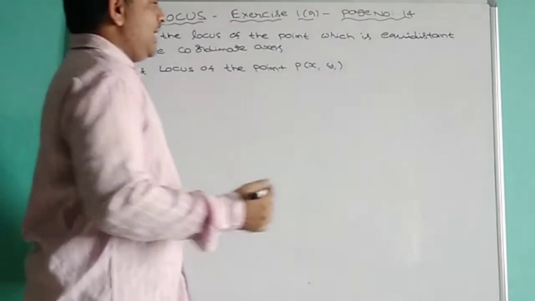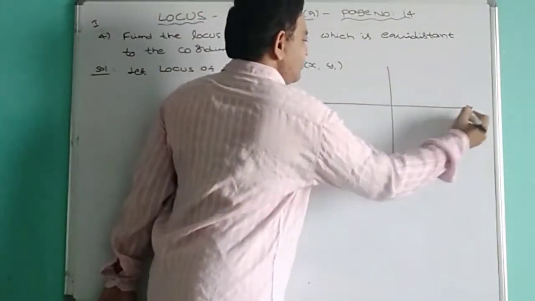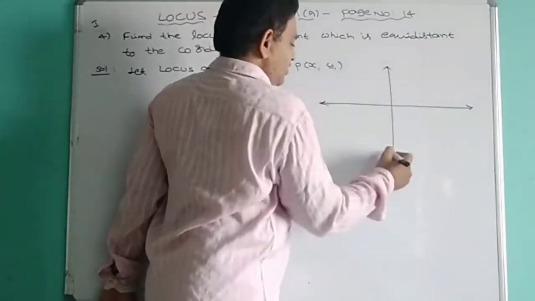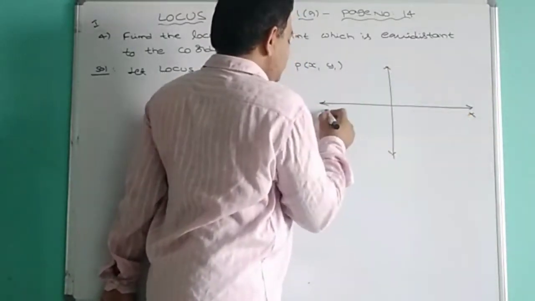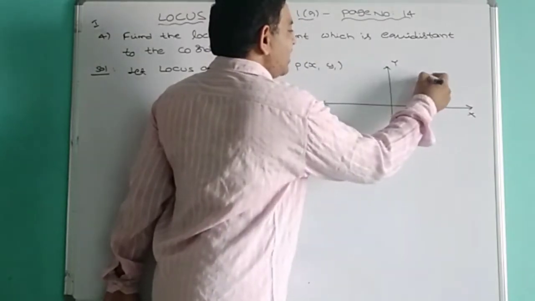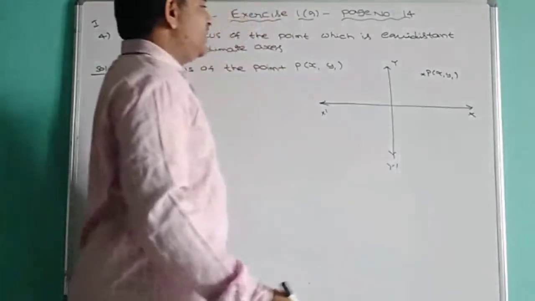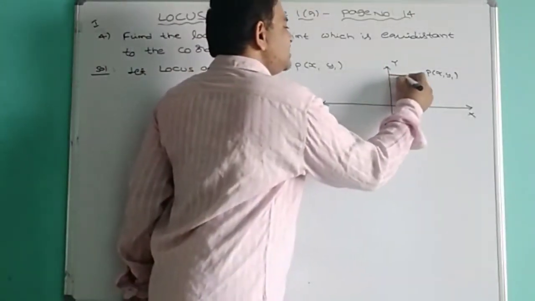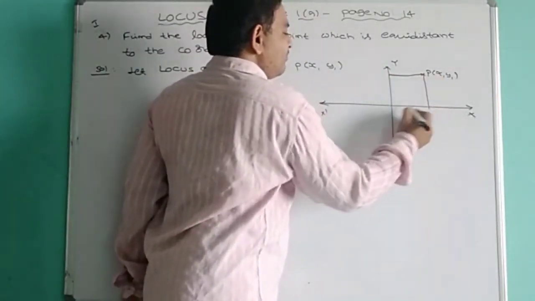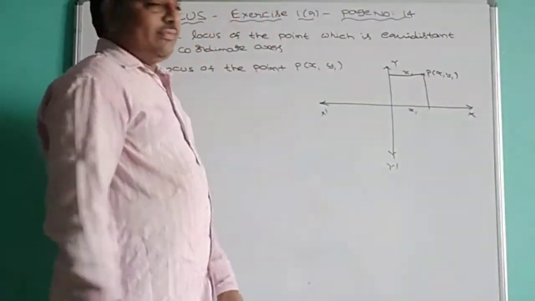Then if you take the coordinate axes, the x-axis, x dash, y, y dash. One locus of the point I am taking here, that point P(x1, y1). Now if this distance is x1, automatically this length is also x1.